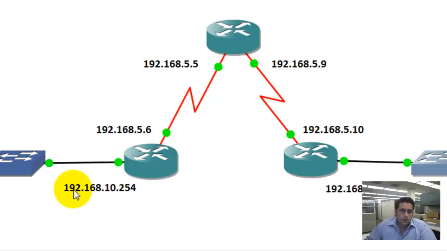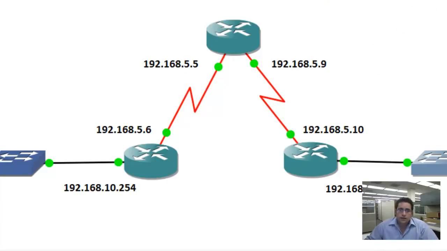For the full address space given to the accounting department on the left, we are taking .254 for the router interface. On the right side, same deal: for the sales department, we're taking .254 for the router, and the rest will be addressed to the hosts on that segment.